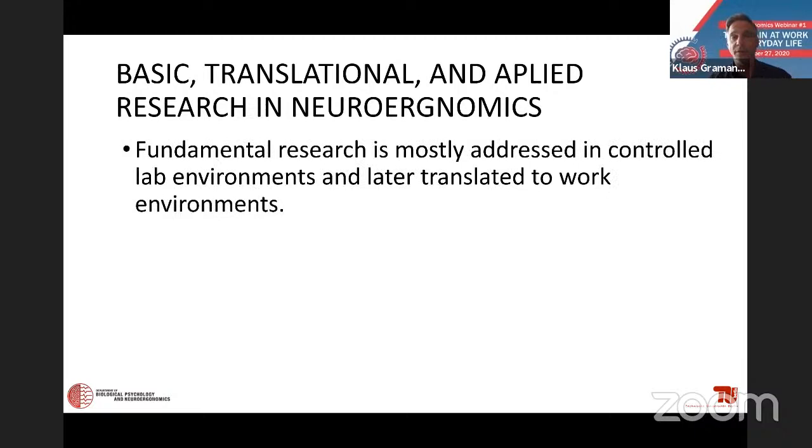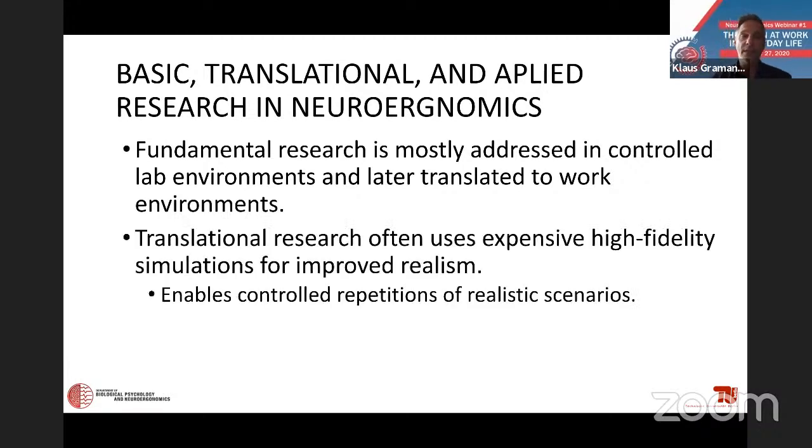As we all know, fundamental research is mostly addressed in highly controlled lab environments that is then later translated to work environments. That would be the translational aspect. And this translational research then often uses expensive high fidelity simulations for improved realism. That is expensive. There's often restricted access to these facilities, but they enable controlled repetition of realistic scenarios.